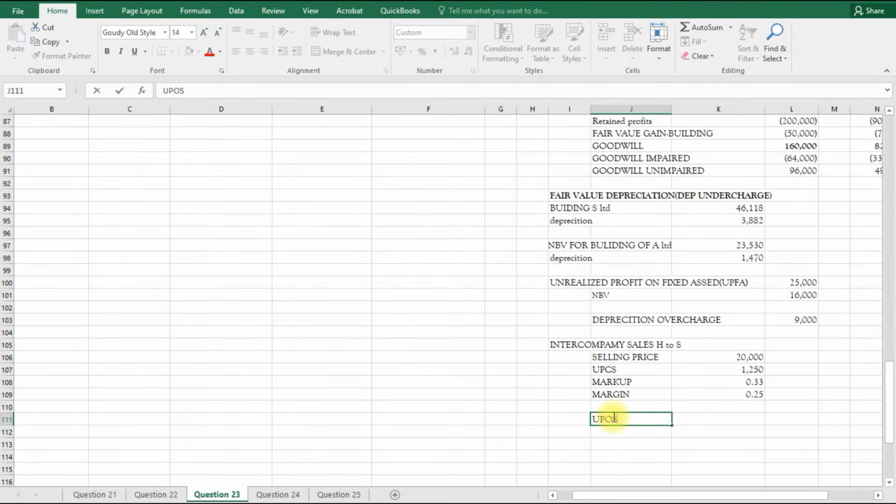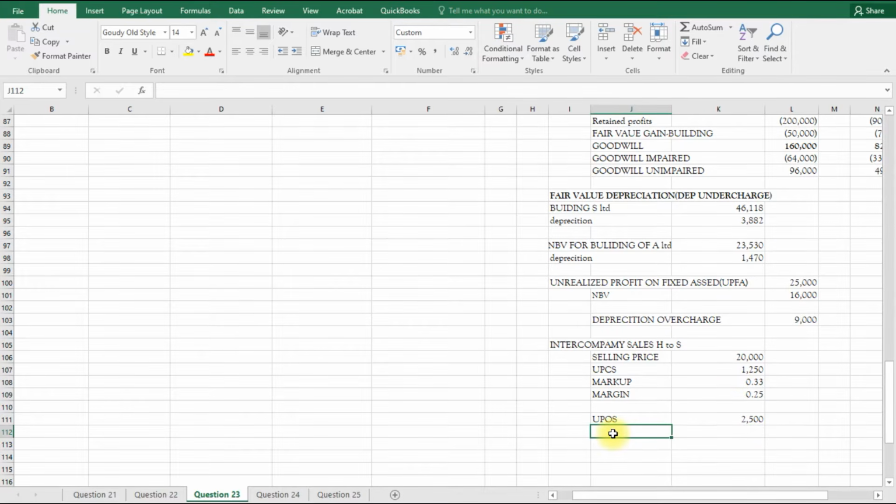Unrealized profit on opening stock, UPOS, will be equal to 10,000, and you have seen our margin is 25%. So it means at the beginning of the year it was 2,500, and at the end of the year it was 1,250, which means it has reduced.